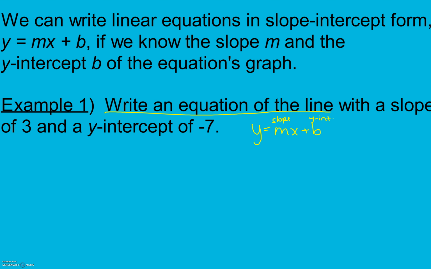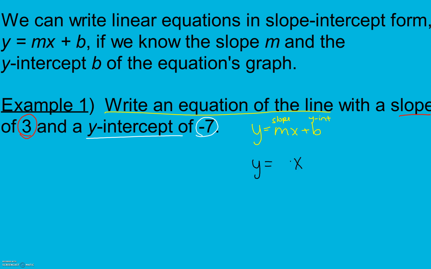So here it tells me my slope is 3, and my y-intercept is -7. So my framework, or the parts that stay the same every time, are y equals and times x.